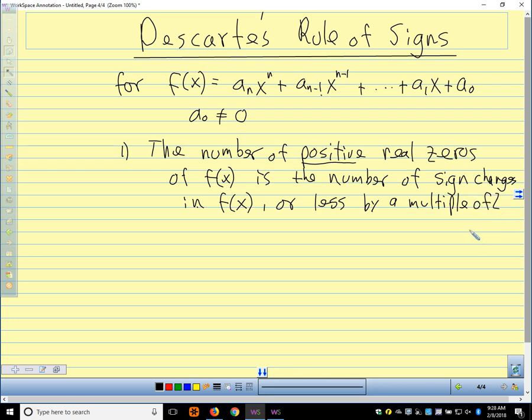And we'll talk about sign changes in just a second. It's really easy to figure out how many sign changes we have.